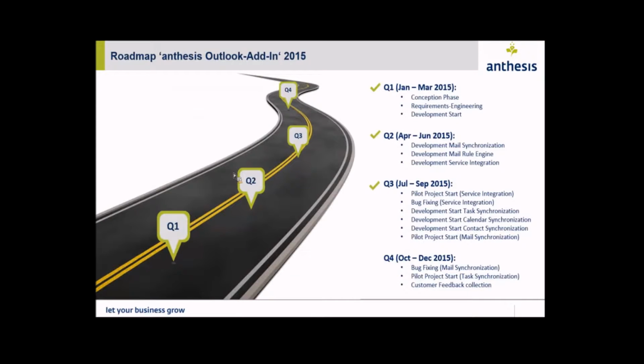This is our roadmap for 2015. An updated version for 2016 will be available soon on our website. You can check it out. As you can see, we can currently deliver the integration, the rule engine, the offline availability, and the bidirectional task synchronization from Outlook to SAP and from SAP to Outlook back.